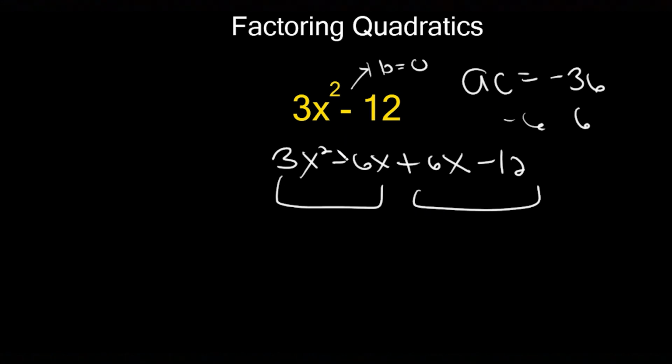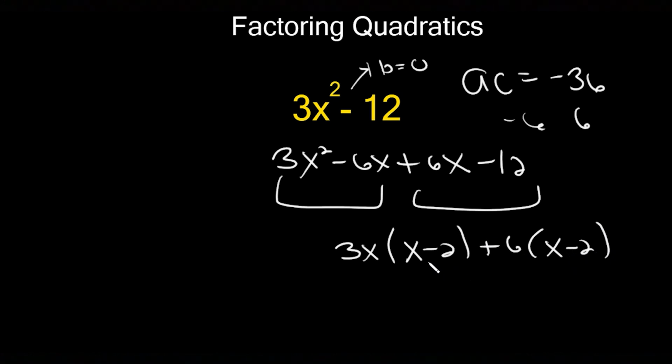Looking at the first grouping, we can pull out a 3x, and that will leave us with x minus 2. Looking at the next grouping, I can pull out a positive 6, so plus 6, and then I'll have x minus 2. My confirmation is the common factor, which is x minus 2, meaning I did it correctly.